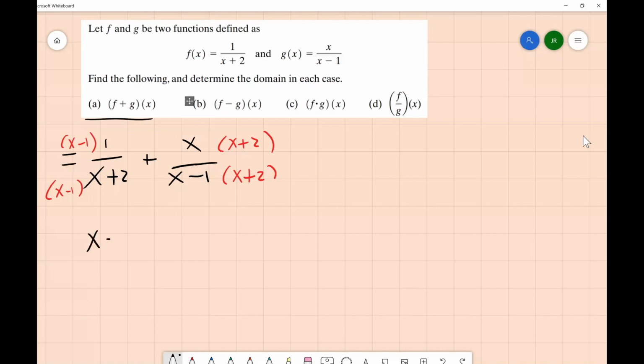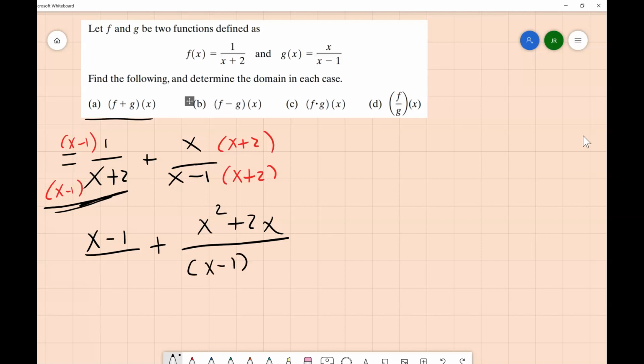That gives me x minus 1 on top of that. You don't have to distribute these on bottom. You can just leave these separate. If you want to distribute them, that's fine, but you don't have to. But I do have to distribute on top. That's going to give me x squared plus 2x. The reason I have to distribute on top and not on bottom is because I have to combine my like terms on top when I add the two fractions together, but the bottoms are just going to stay the same.